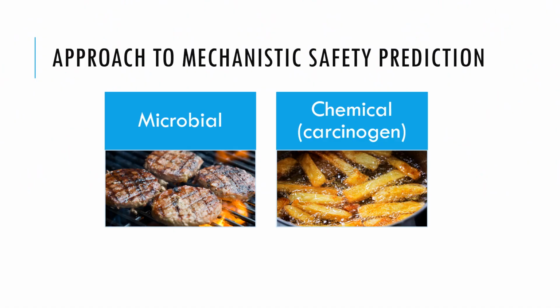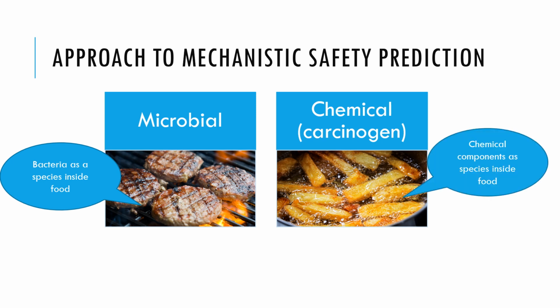So the approach to mechanistic safety prediction is basically treating bacteria as a species inside the food, or the chemical component like a carcinogen. In this case, maybe acrylamide that forms during the frying process.